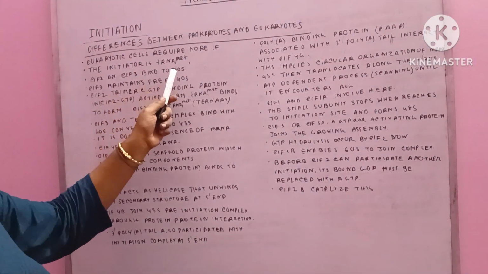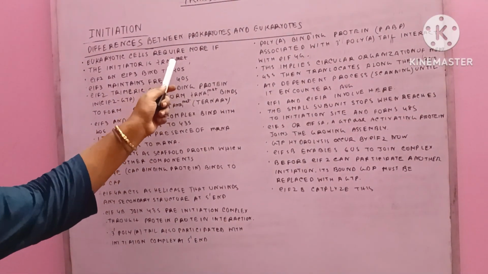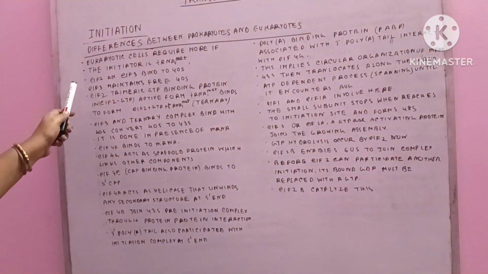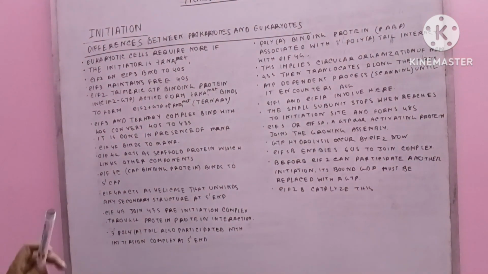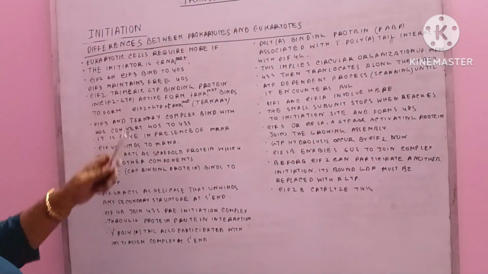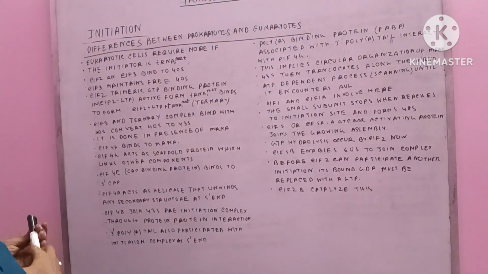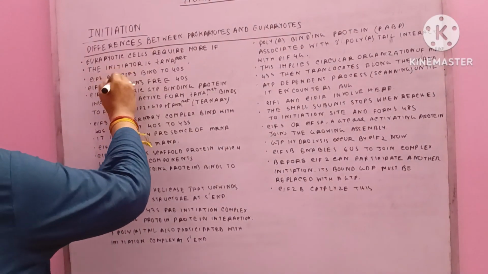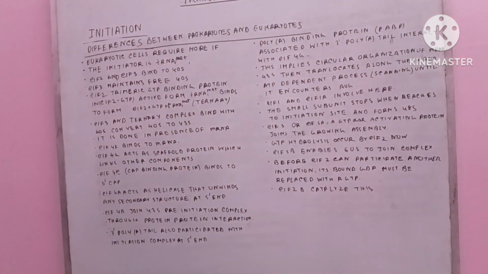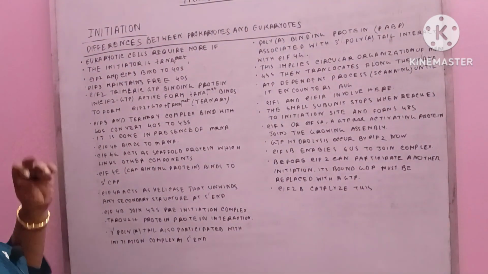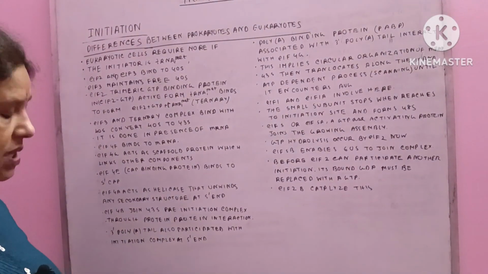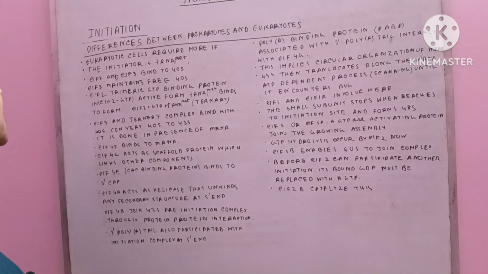Second, the initiator is tRNA Met. And third, EIF2 and EIF3 both bind to the 40S, the small subunit, and EIF3 maintains the free 40S subunit.